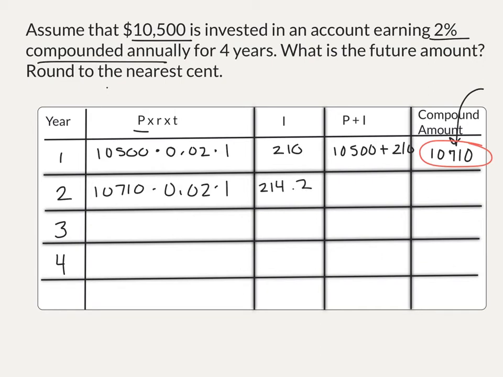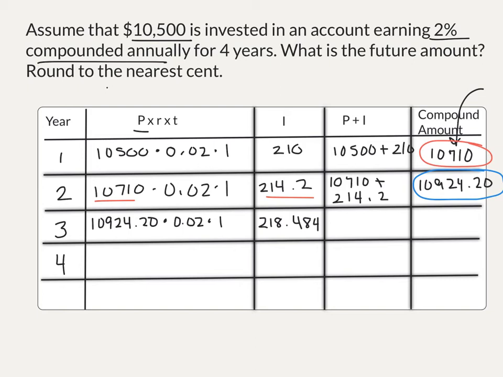And then I'll add 10,710, which was my new principal amount, to the interest that I just found, which is $214.20. And when I add those two values together, we get $10,924.20. And this value will now be my new principal for year 3.